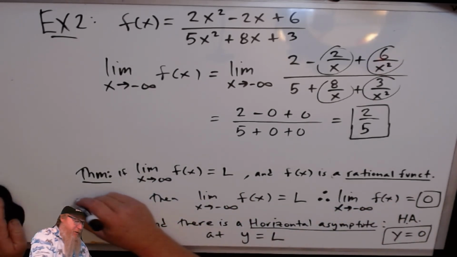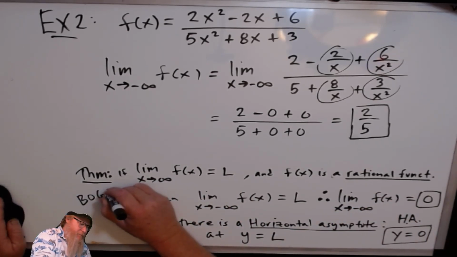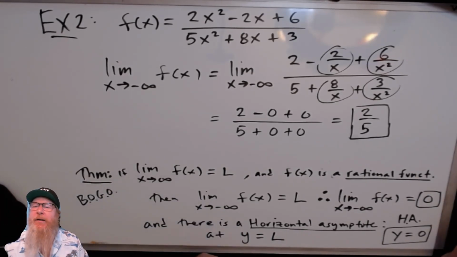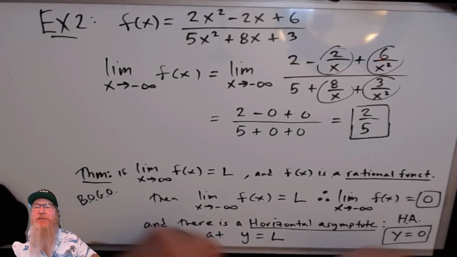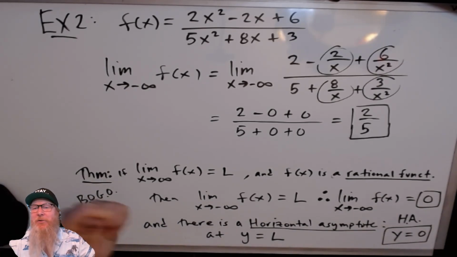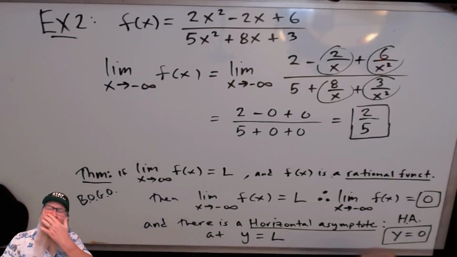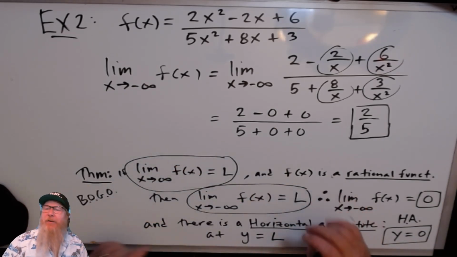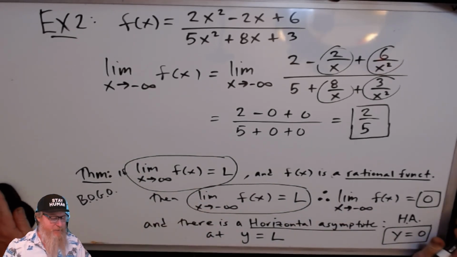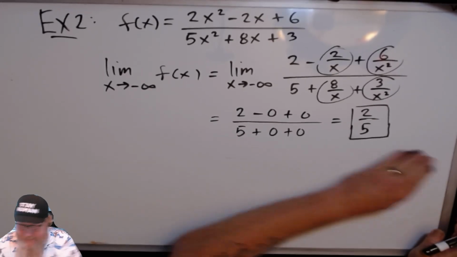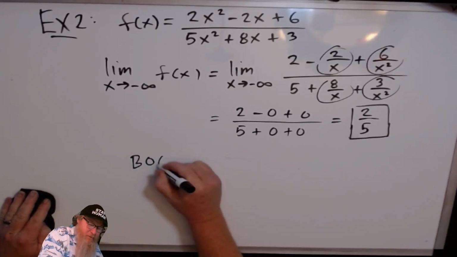Then again, we have this baby theorem. I call it the BOGO theorem. I do lots of BOGOs in this class. Buy one, get one. Oftentimes in this course, there'll be two questions in which you really don't have to solve them both. You could just solve one and you get the other one for free. If you know one, you automatically know the other. They do have to exist. So we'll say BOGO.